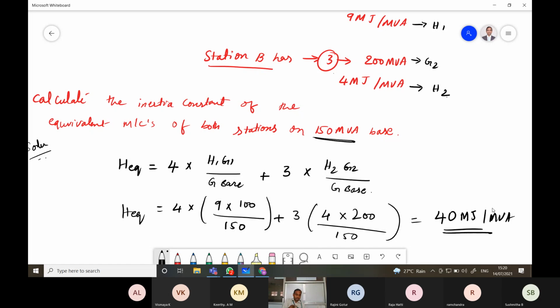All of you got the answer? Yes, sir. So we will close today's session. We have discussed the swing equation and swing curve, and also machines swinging coherently, that is a number of generating stations connected together.